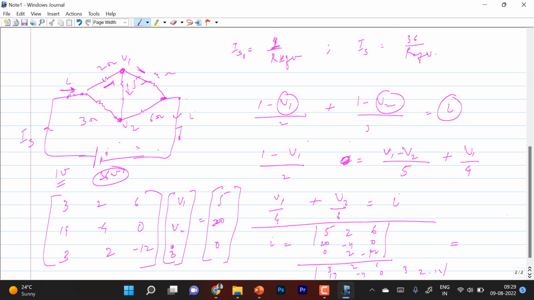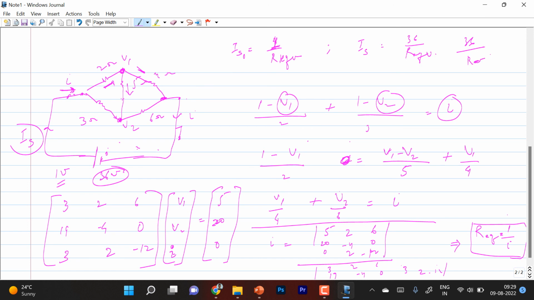This will come up as the current flowing in this particular circuit. Once you have this value of current, you can take the R equivalent to be 1 by I, correct? And once you have this R equivalent, you can figure out the IS which will actually be flowing, equal to 36 divided by this R equivalent.